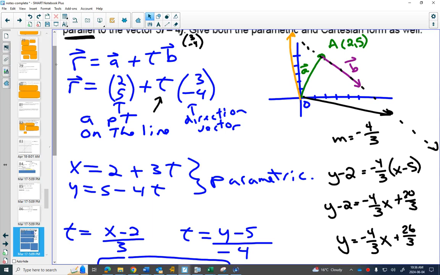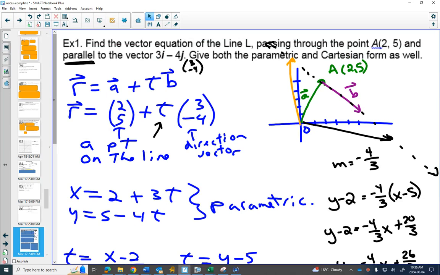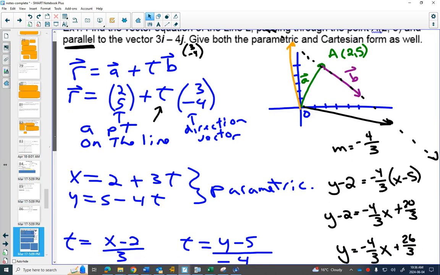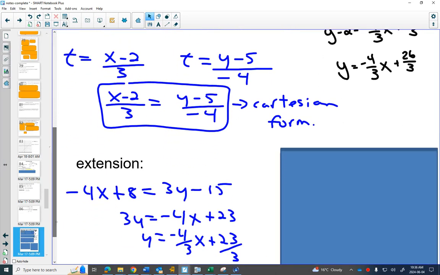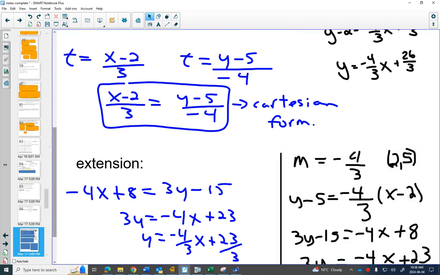4 times 5, 20/3, minus 2. The coordinate is 2, 5. Yeah, I did it here.